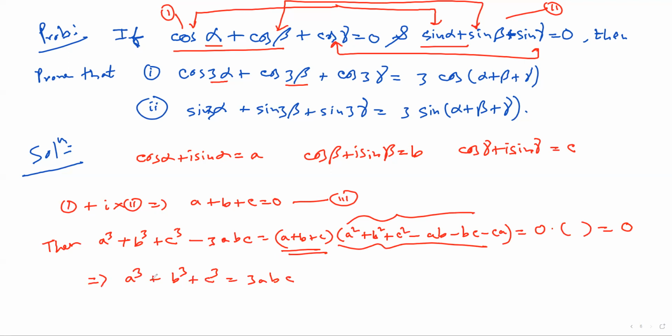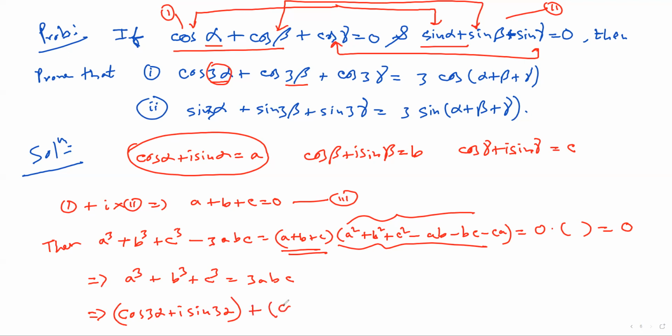Now, why is this equation playing a role here? Because this equation involves cubes of A, B, C, which would produce the thrice of the angles, right? So if you cube, since the modulus of A, B, C are all 1, this is just a straightforward use of De Moivre's theorem to get cos thrice alpha plus i sine thrice alpha, which is A cube.